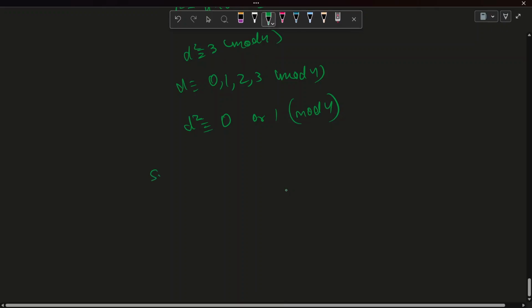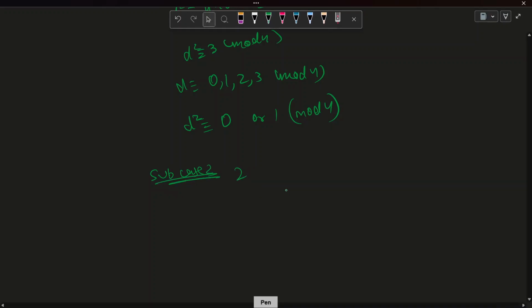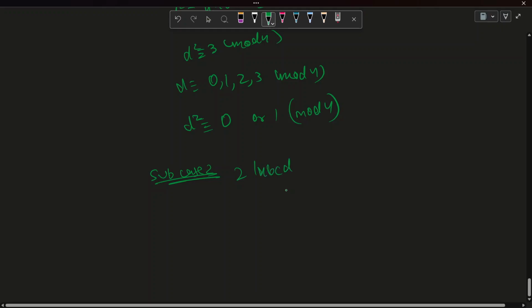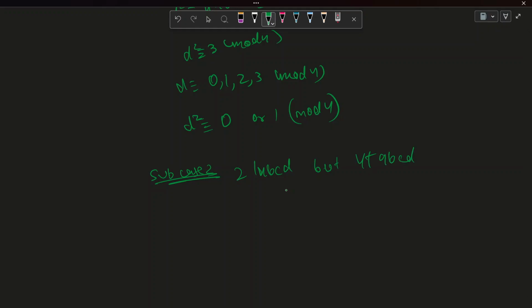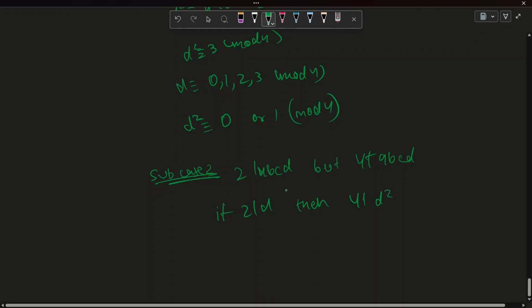So now we will do subcase 2. Subcase 2 is that 2 divides abcd, but 4 does not divide abcd. Notice that if 2 divides d, then 4 divides d square.